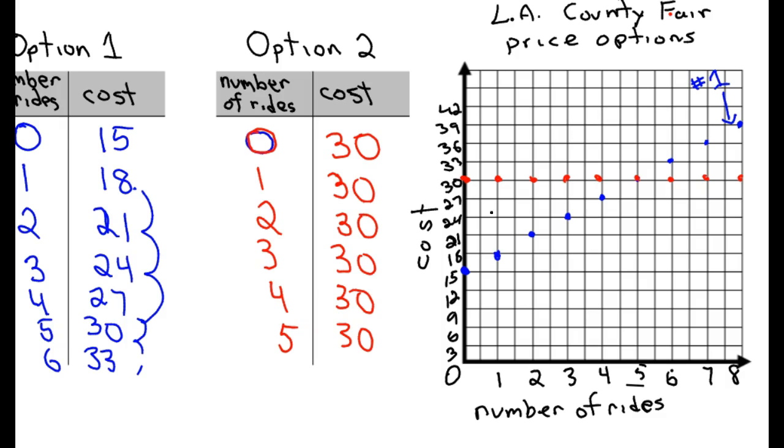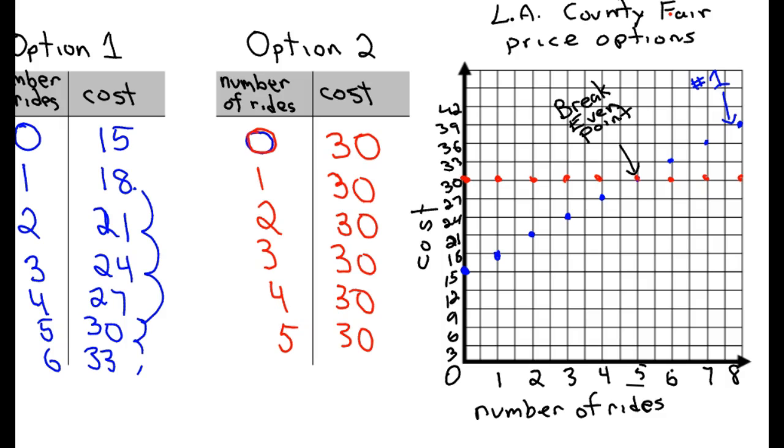Now, the whole purpose of the next 2 weeks is really finding this point right here. This is called the break-even point. It's where the two graphs meet. And it's important because at some point, one of these options becomes more expensive or cheaper than the others. And there are people called financial analysts that do this for a living for companies.